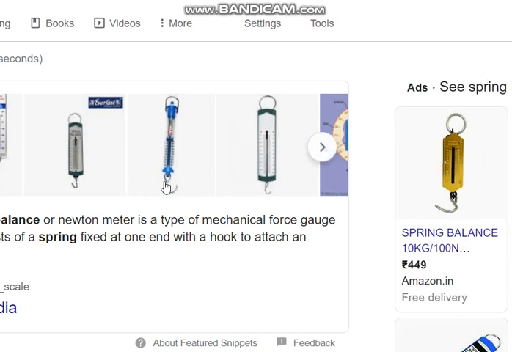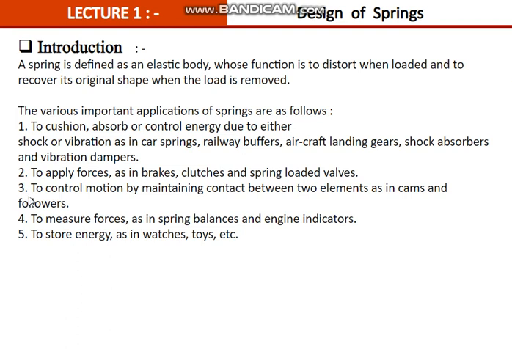It measures the loads. Spring balances measure forces, and engine indicators also use it. In an engine indicator, depending upon the force that is coming upon the spring, the needle will turn and it will show the engine indicators.